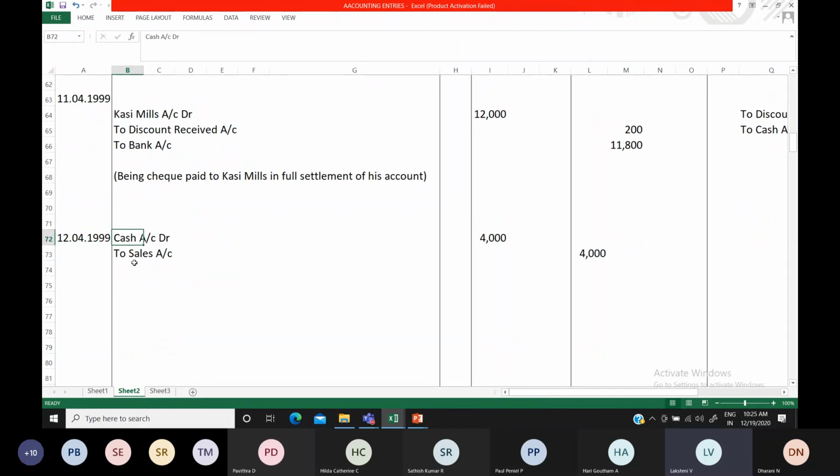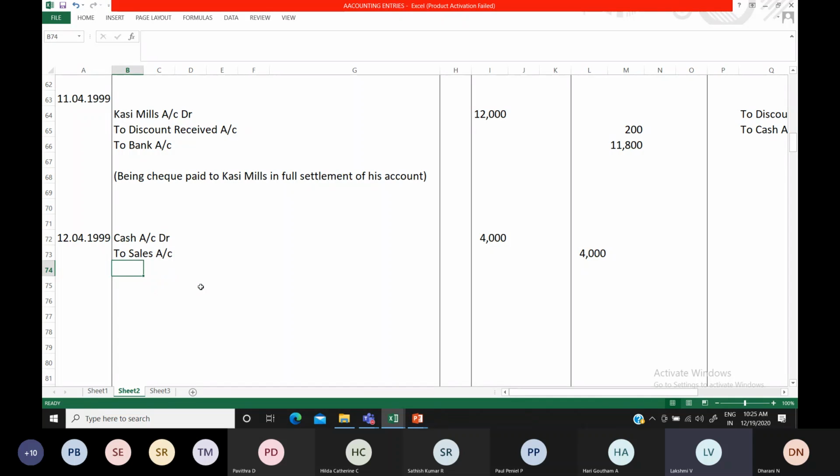So why do we debit the cash account for cash sales? Because cash is coming into our business. Whenever I make sales, cash is coming into my business. So the real account rule is what? Debit what comes in. Cash comes in, so I have debited the cash account. And why am I crediting the sales account? Since goods are going out of my business when I am selling, the sales account is always credited.